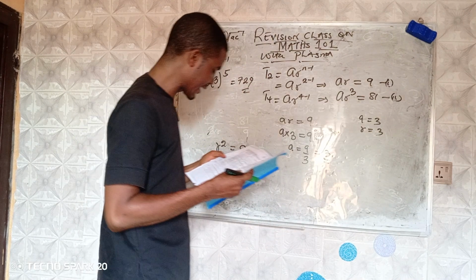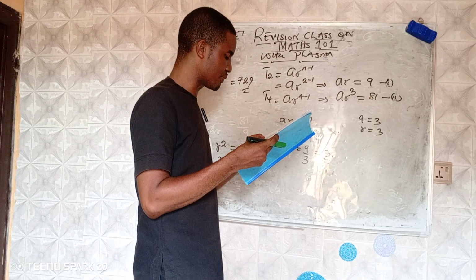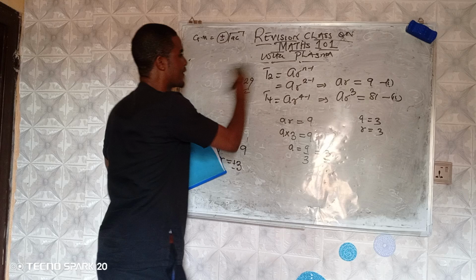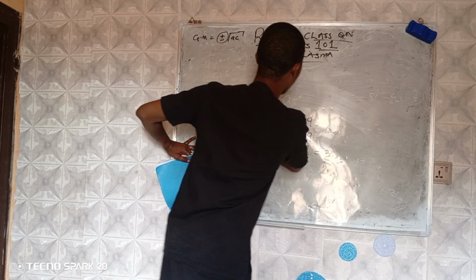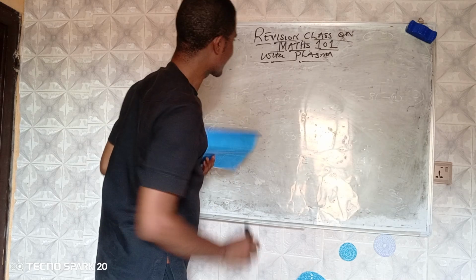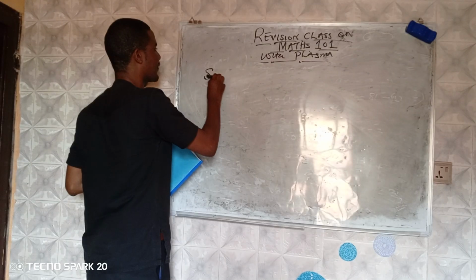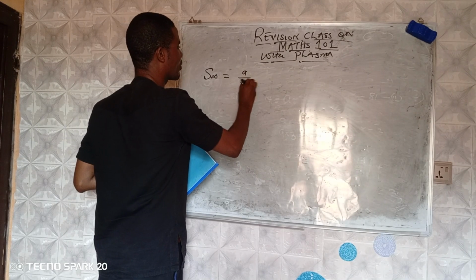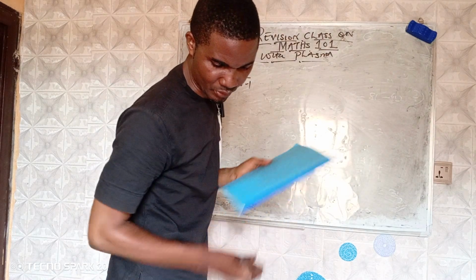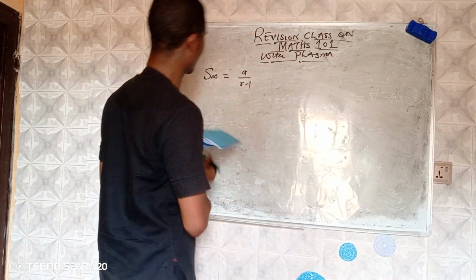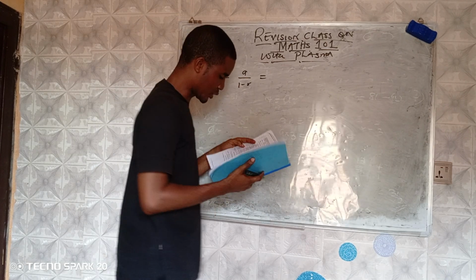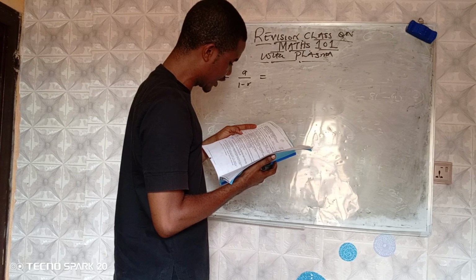Question number 7 says, find the sum to infinity of the geometric progression. You see, sum to infinity. They are asking us about sum to infinity. Remember that we said that sum to infinity is a over 1 minus r, okay?